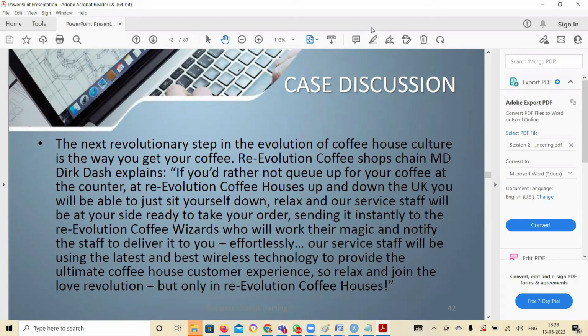So how do you reduce the time? First thing is ordering. You can have a mobile app. The moment the customer puts the coffee in the mobile app cart, and the moment they reach the store, they can place the order from the mobile phone itself.